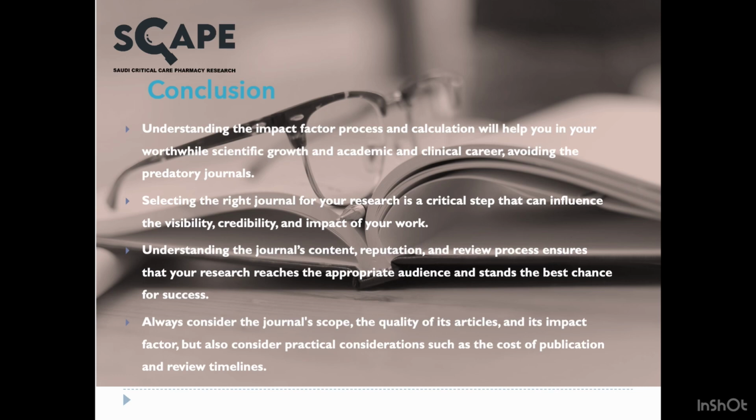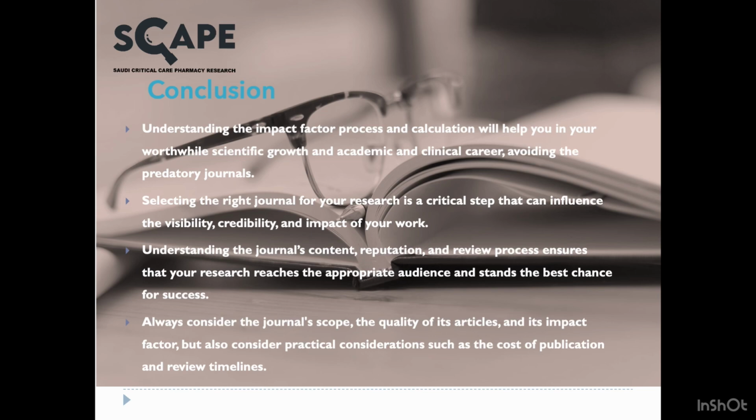Actually, this is another lecture, but in conclusion, predatory journals mostly ask about the fees initially, there is no impact factor on their website, and mostly the peer review process is not clear. So there are many tips you can use to spot a predatory journal.